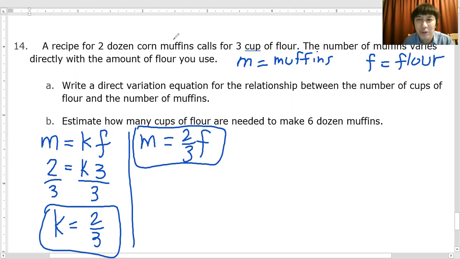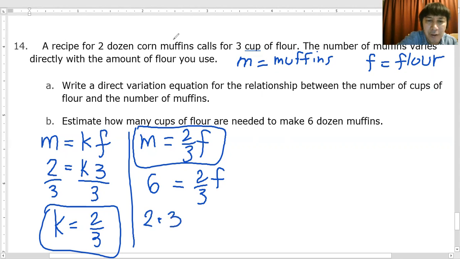We can use readily the 6 dozen muffins under M. So this will be 6 equals 2/3 cups of flour there. To simplify our computation, we will spread out the 6 to its factors, 2 and 3, so we can readily cancel out numbers. So this is 2 times 3, that goes to our number 6, and this is 2/3 F. And we can now discard the number 2's.